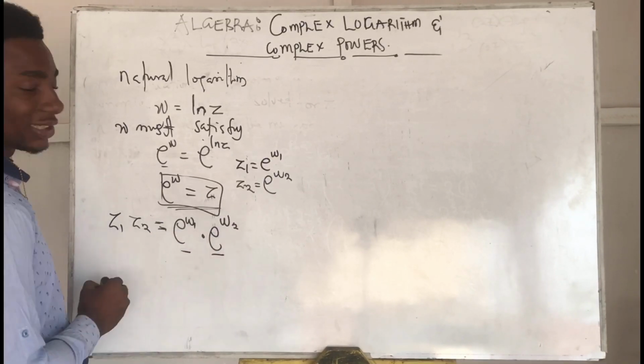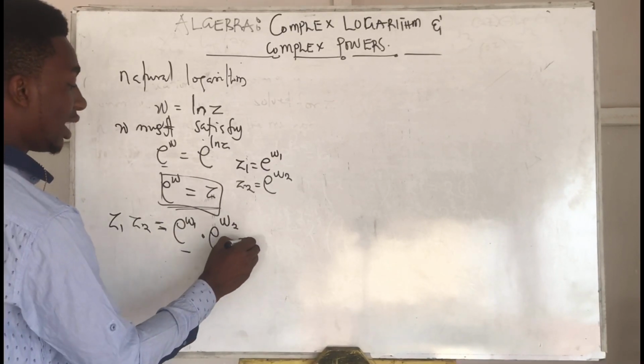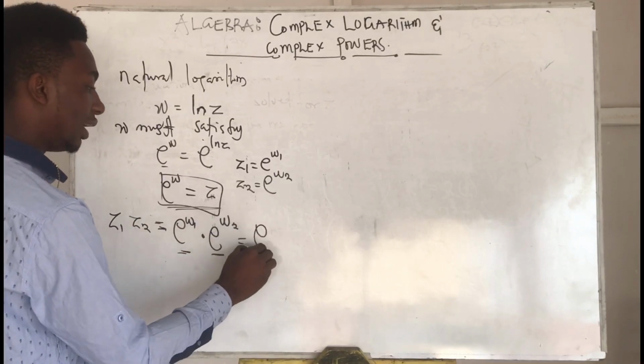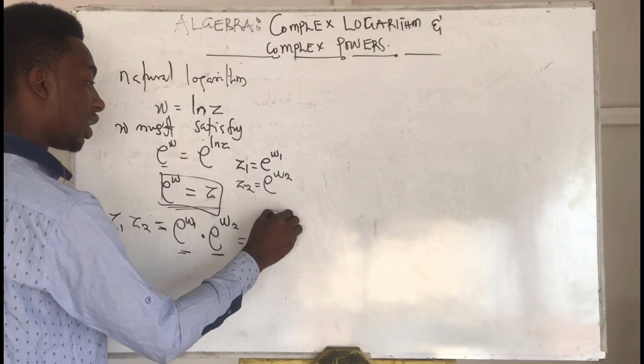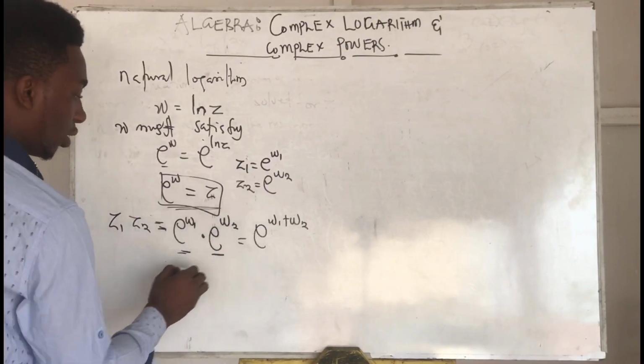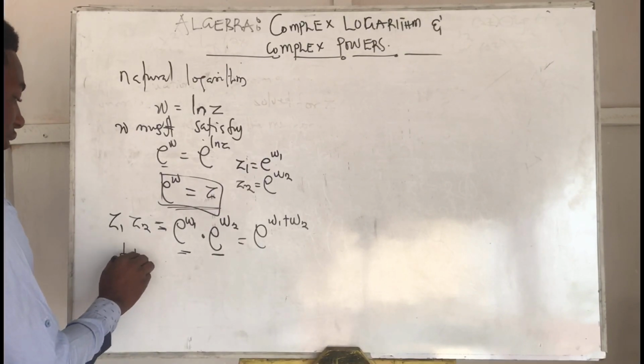Per the law of exponential functions, if the bases are the same, we add the exponents. So we get e to the W1 plus W2.